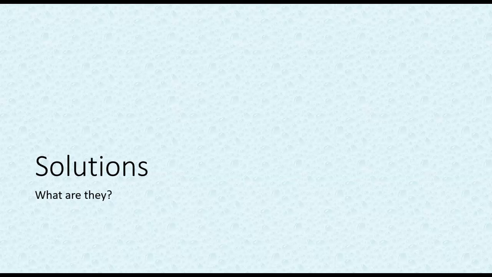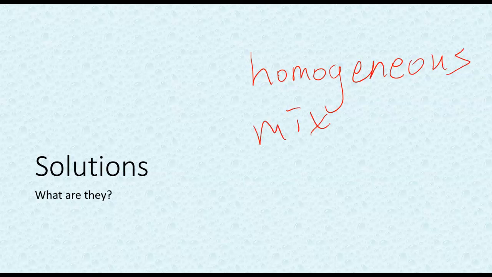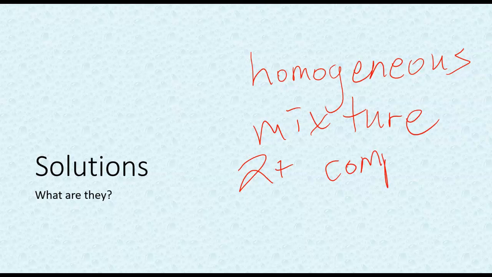So we're going to take a look at what a solution is. Solutions are homogeneous mixtures. So what does that mean? That means that we have two or more compounds or elements that are mixed together.